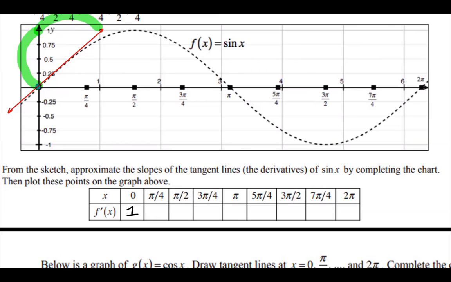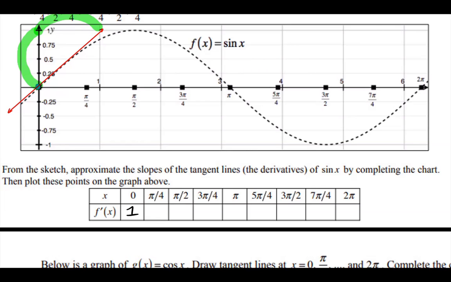Close, you're getting closer. Look at 2 pi.